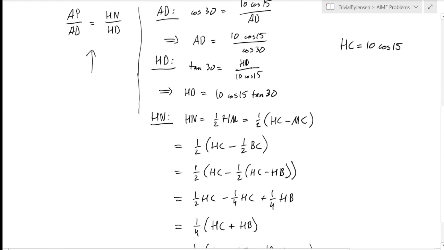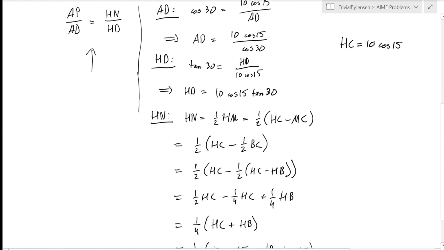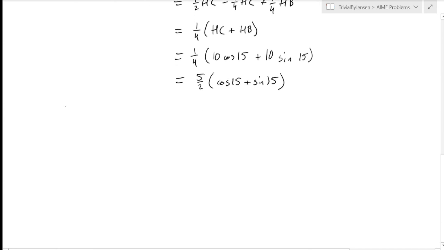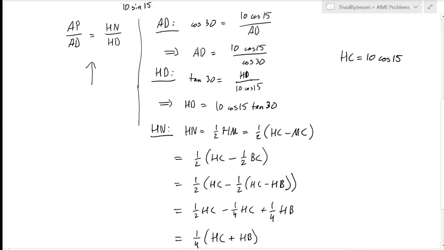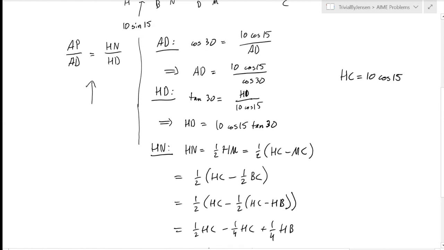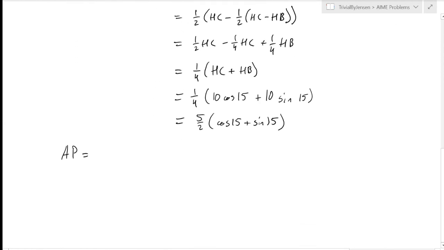I'm just going to bring this down here, AP, and I'm going to move AD to the other side. So HN over HD times AD. Now we can plug in these values. HN we know to be 5 halves times cosine 15 plus sine 15.